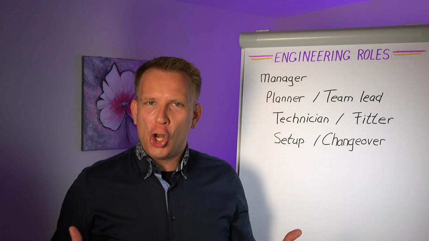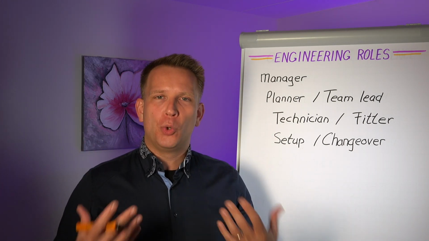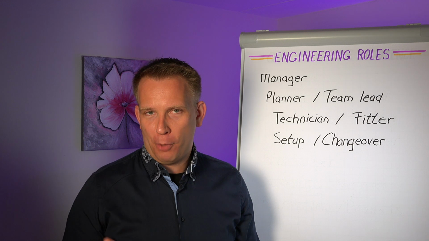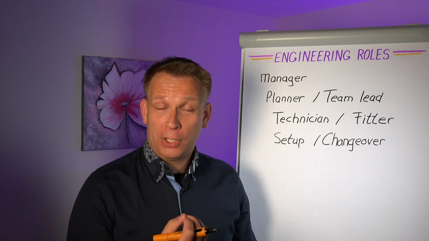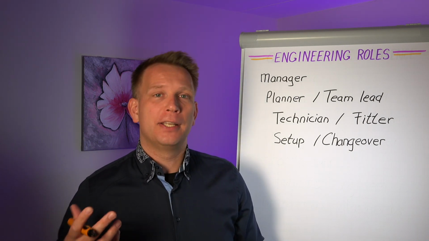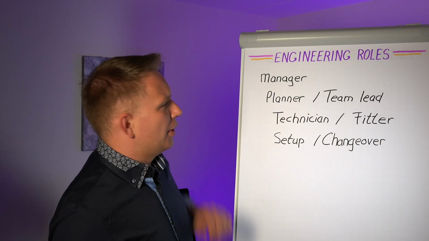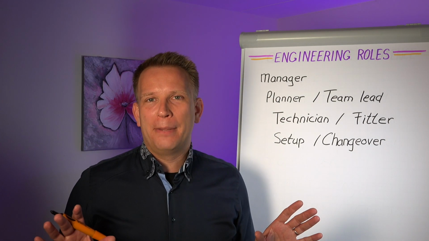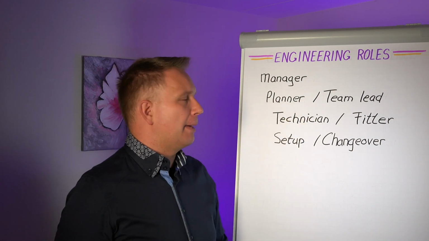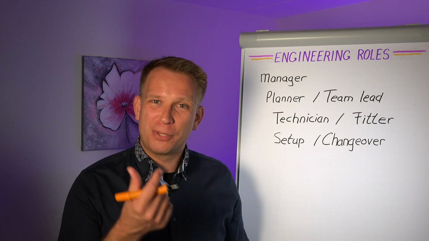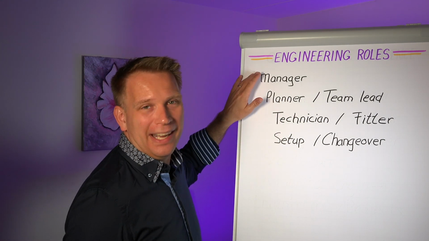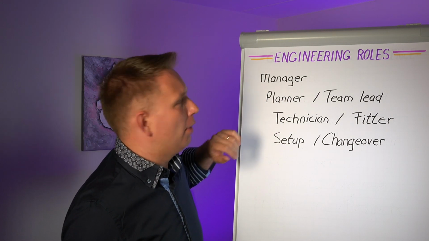A lot of planning and ordering goes into proper maintenance, both the corrective maintenance and definitely the preventive maintenance tasks. So you will always in a maintenance department see at least somebody who is like a planner or a team lead, and in smaller organizations that might be together with the general management of maintenance.